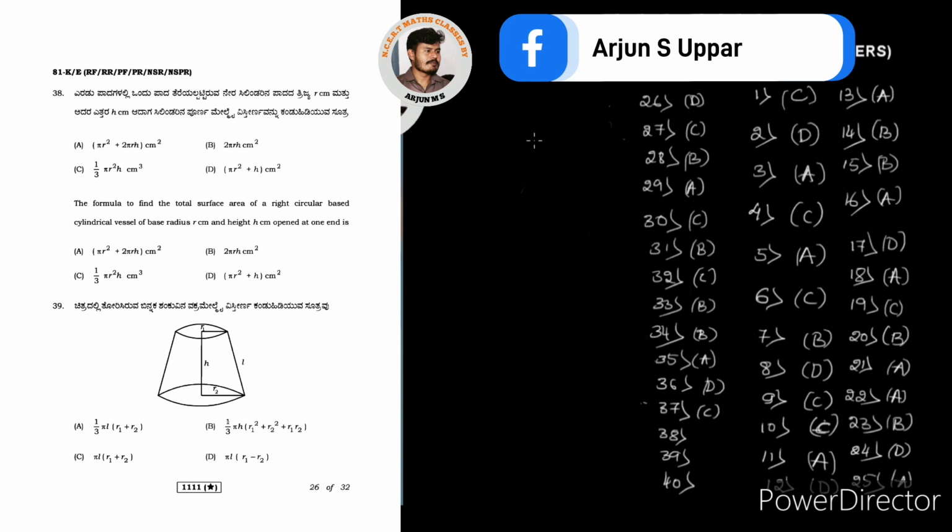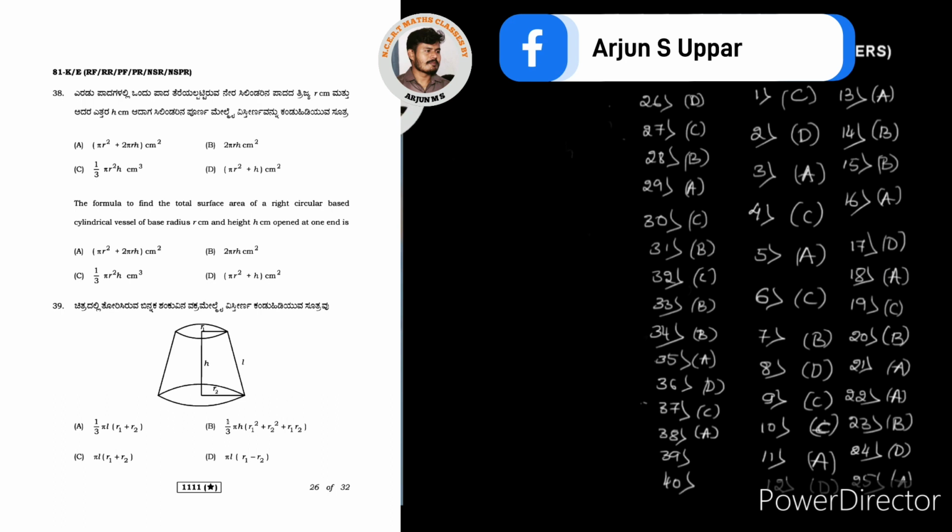It includes its base, but the top portion of the cylindrical vessel is open. That's why the total surface area of that vessel is curved surface area of cylinder plus area of its base. That's why pi r square plus 2 pi rh is the correct formula. So that's why option A is the right answer.